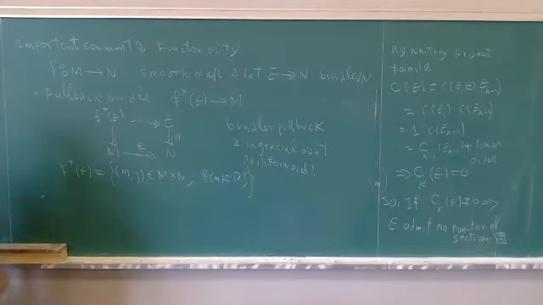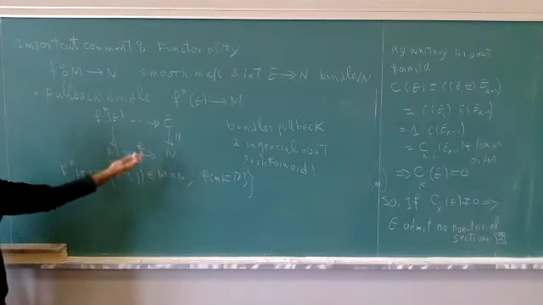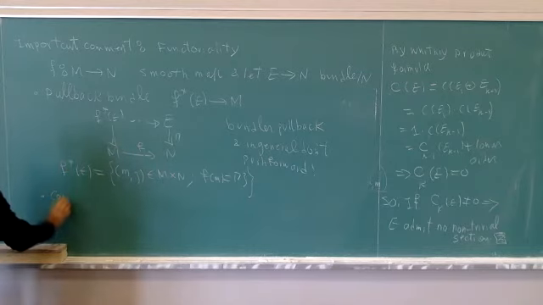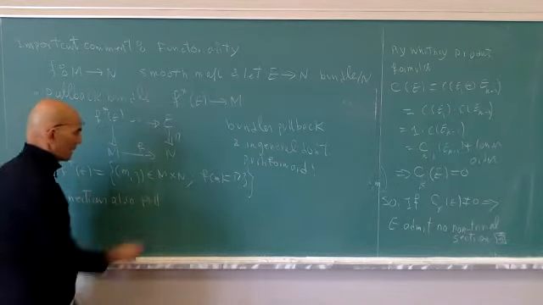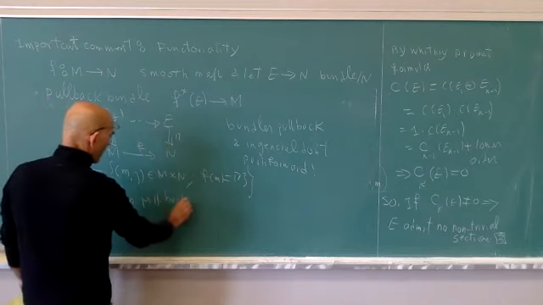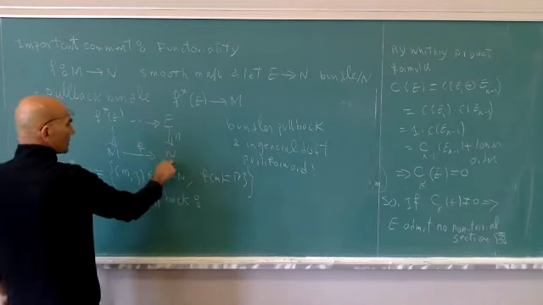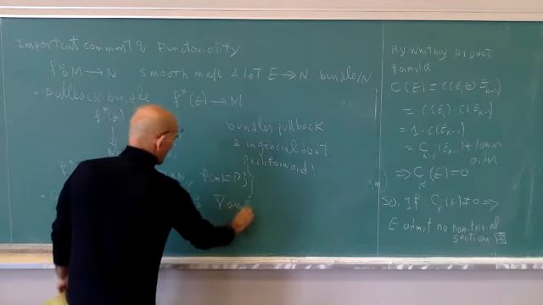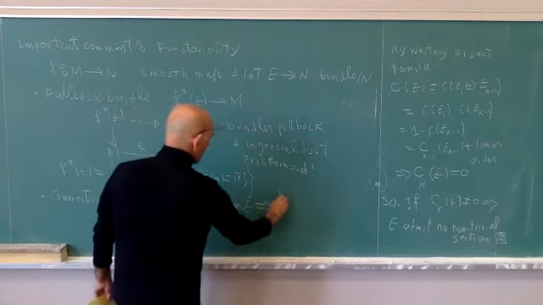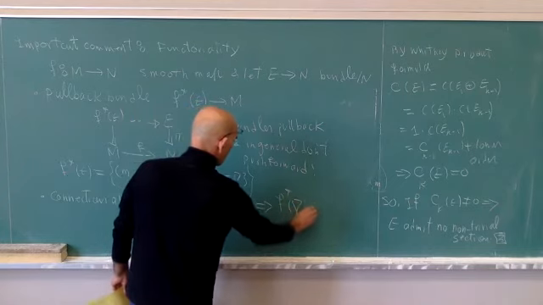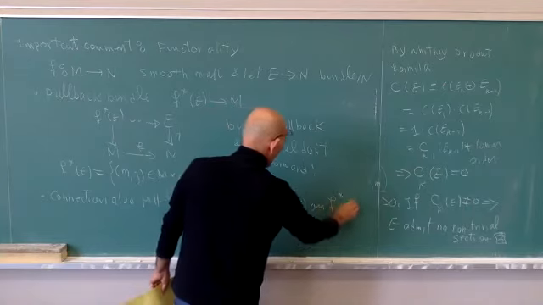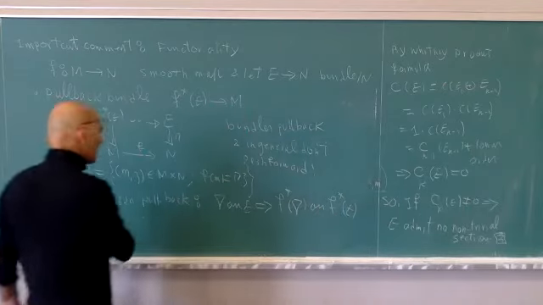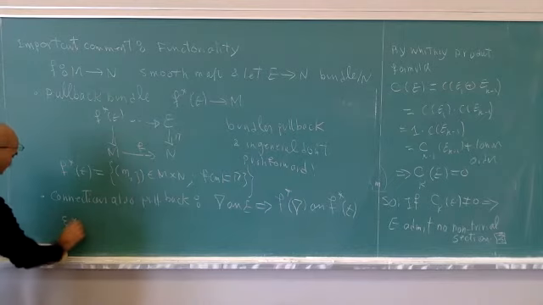And second of all, you can also check that connections also pull back. So if you have a connection nabla on E, you can define f star of nabla on f star of E. I'm going to give you this as an exercise to prove.